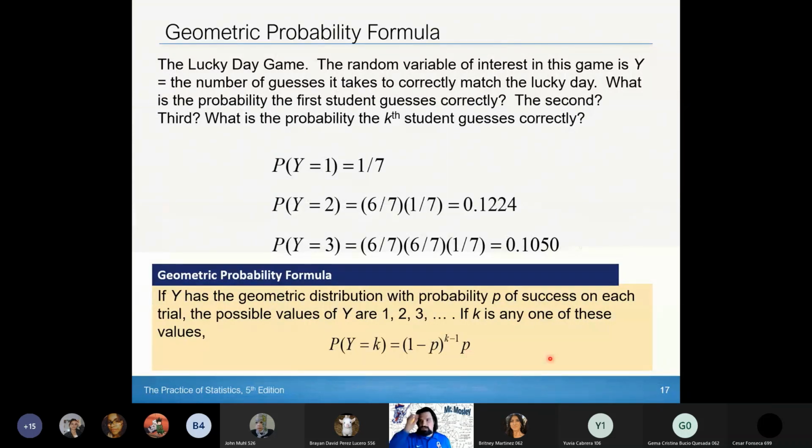Compared to the other formulas we've seen, it's a relatively simple formula. Failures multiplied a bunch of times, times 1 probability of success.